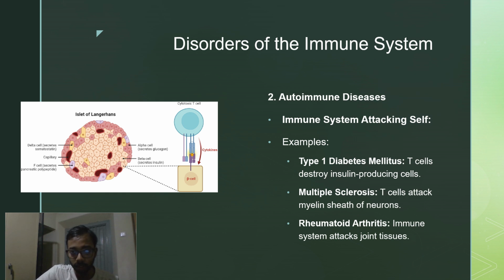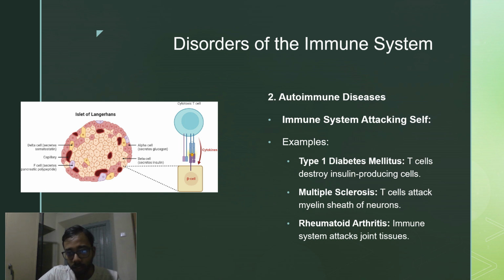Then there is another special type of disease called autoimmune diseases. Autoimmunity means your immune system is acting against your own self. When starting this lesson, we discussed something called self and non-self. Naturally, your immune system is able to identify non-self cells from your own cells.